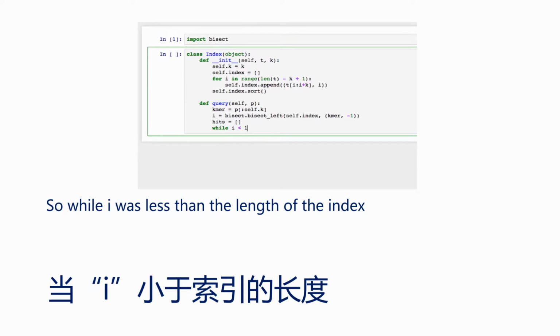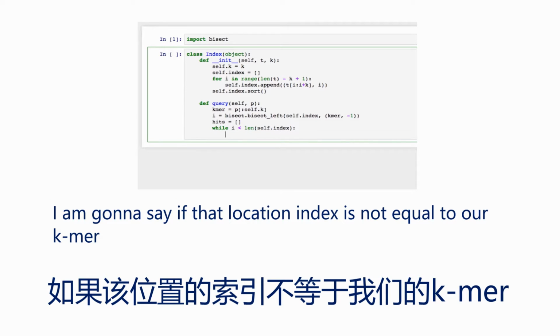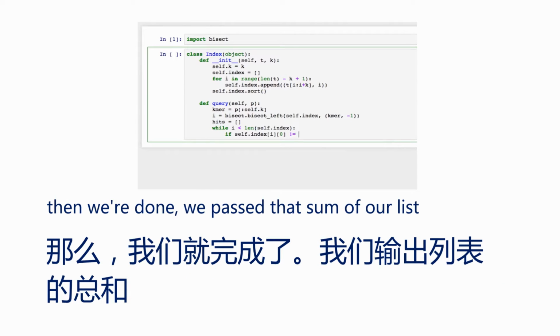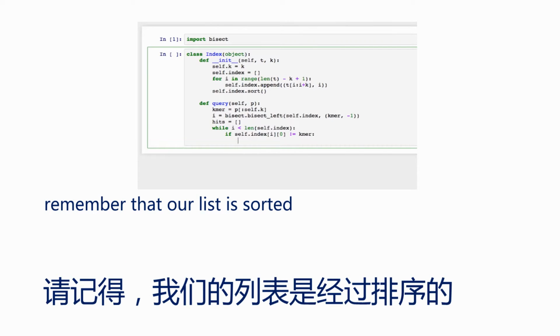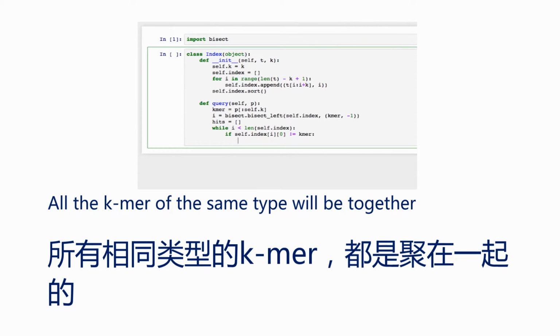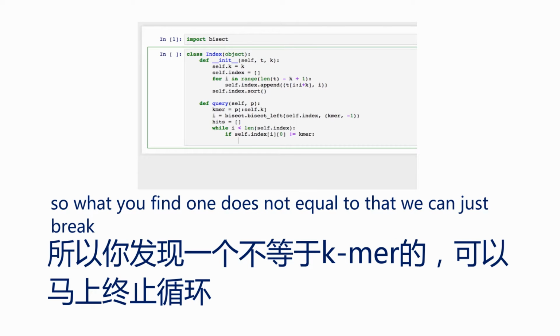So while i is less than the length of the index, I'm going to say if that location in the index is not equal to our k-mer, then we're done. We've passed that segment of our list. Remember that our list is sorted, so all of the k-mers of the same type will be together. So once we find the one that's not equal to that, we can just break.